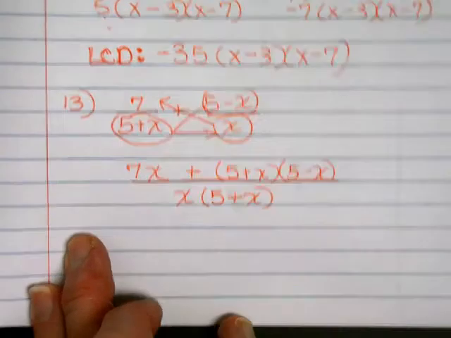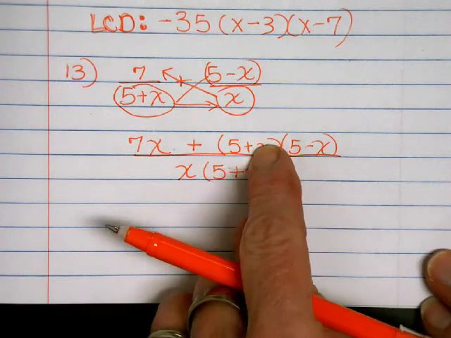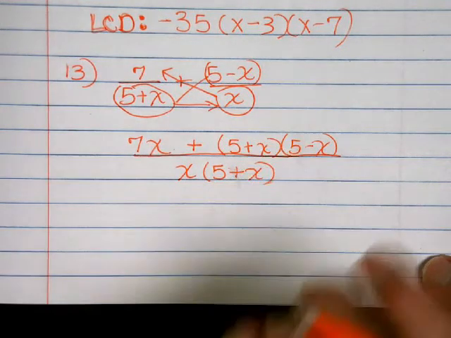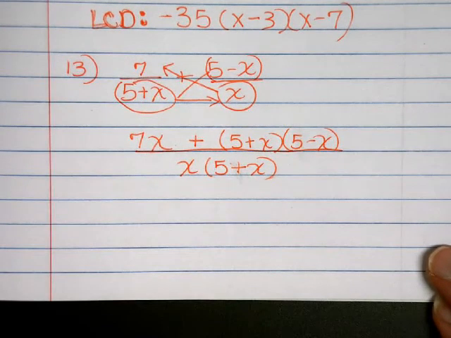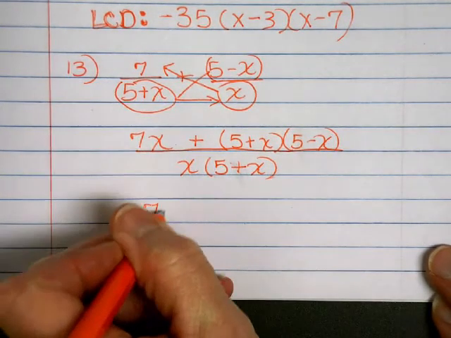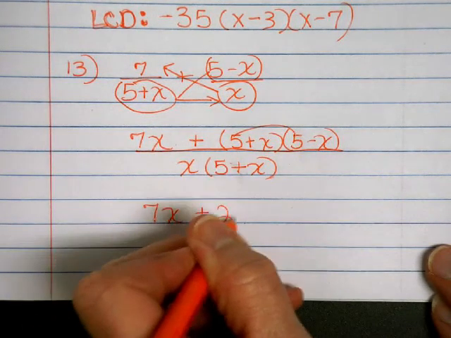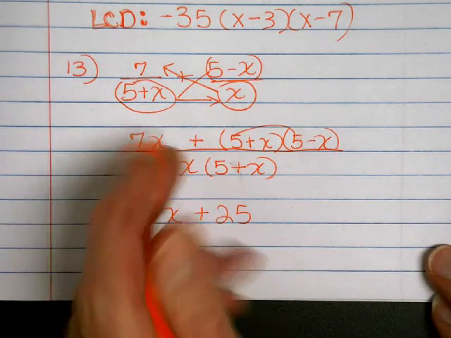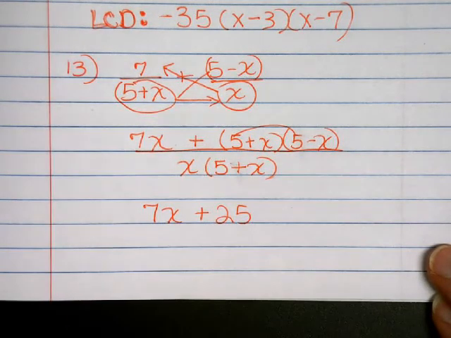But because these two had nothing in common, I could go straight to using the butterfly method to write my one fraction. Only thing that's left, we have to multiply those two polynomials together, which you guys are great at, and combine my terms and write it in standard form. So 7x is 7x, 5 times 5 is 25.